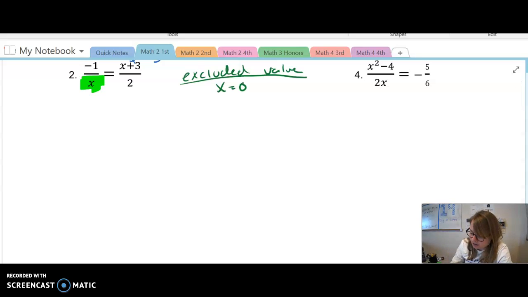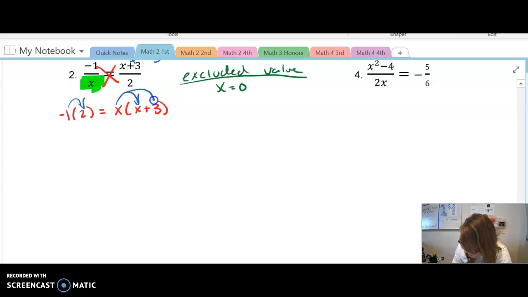Now let's cross multiply. I have negative 1 times 2 equals x times x plus 3. Now I can distribute the negative 1 to the 2 and the x to the x plus 3. So now I have negative 2 equals x squared plus 3x.